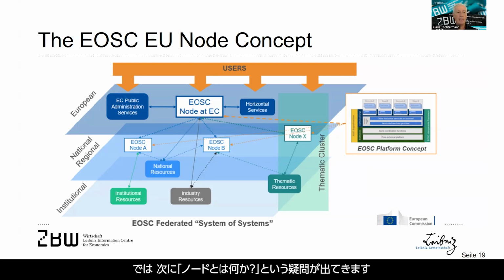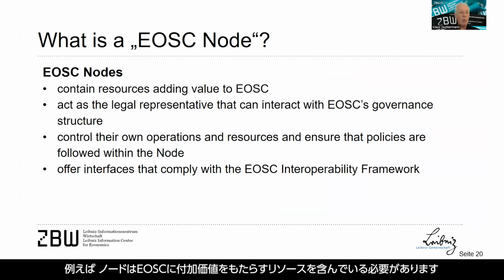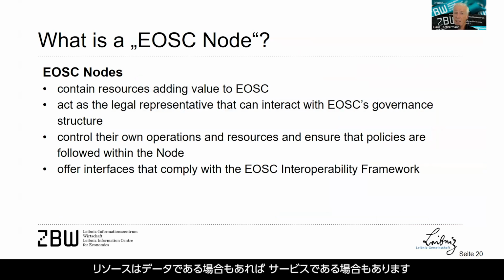Now the question is, what actually is a node? What qualifies an infrastructure to be connected to the EOSC EU node? And here we define some requirements, some criteria. For example, a node should contain resources which add value to the EOSC. A resource could either be data, it could also be services.